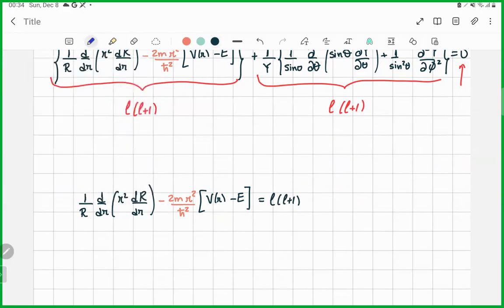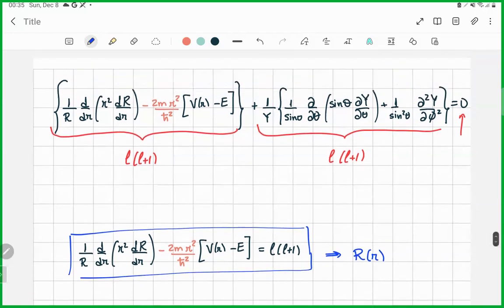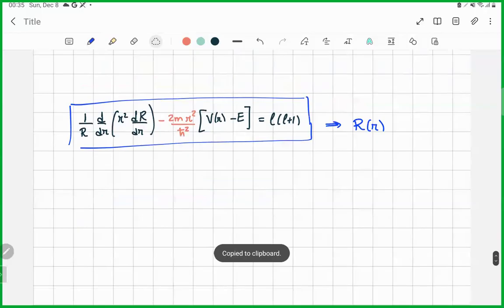When we solve this equation, we are going to get the part of the function that depends only on r. And then we have this other equation here, the equation that depends only on the angle. So let's copy the whole thing here, and we put it down there.